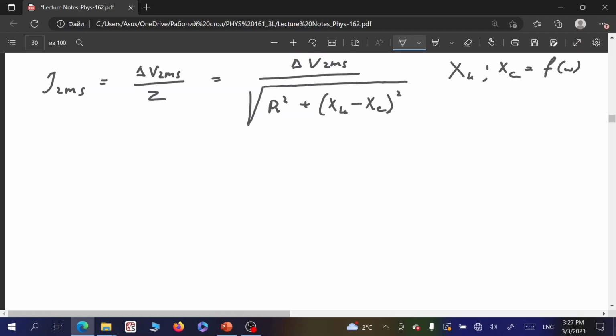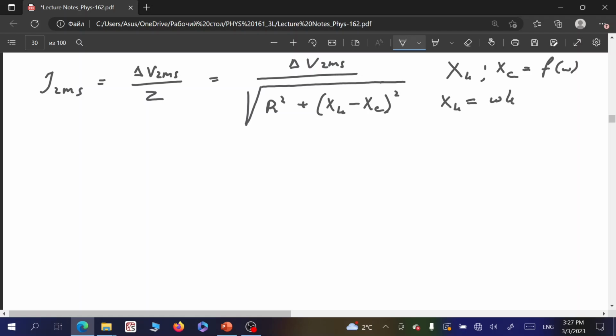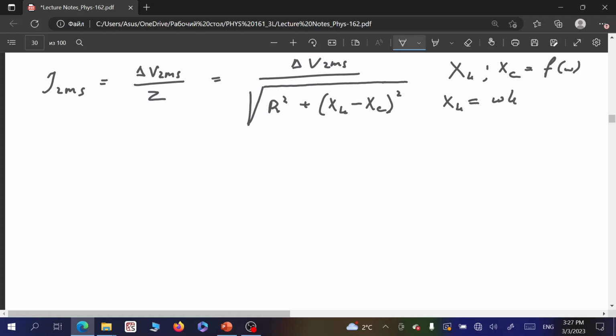So who will recall how XL depends on frequency? What's the expression? Omega times L, so linearly proportional. And XC is 1 over omega C. So with an increase of frequency, capacitive reactance decreases.